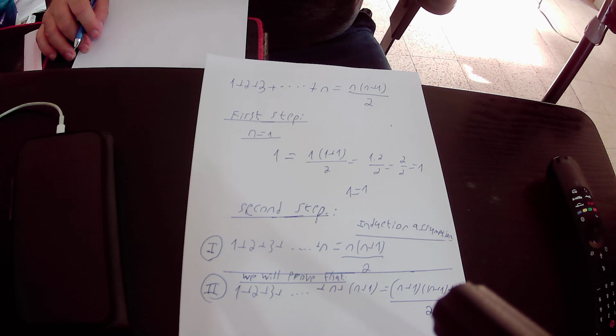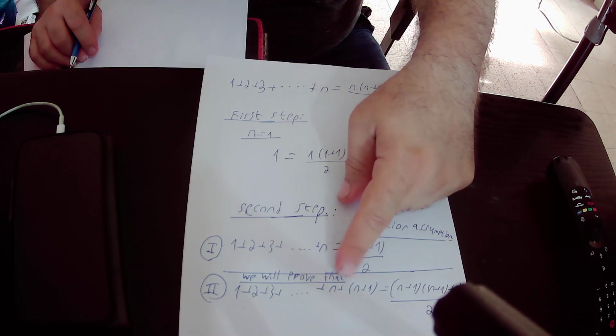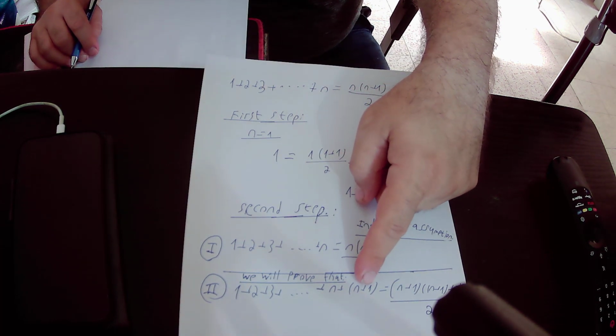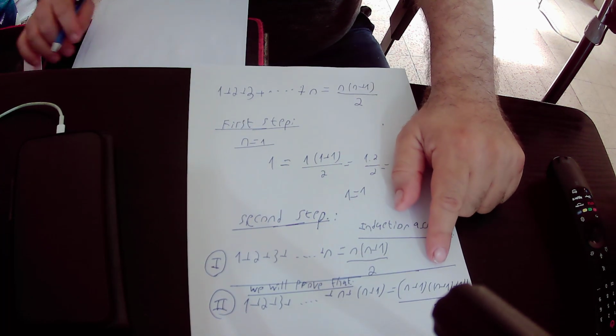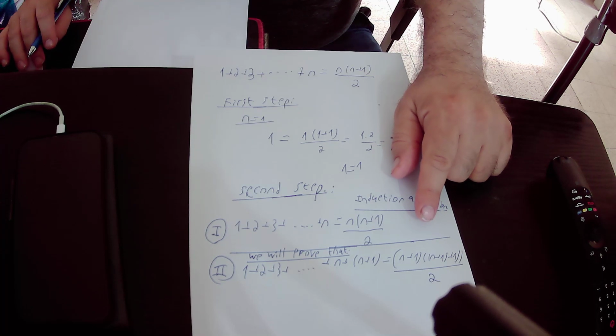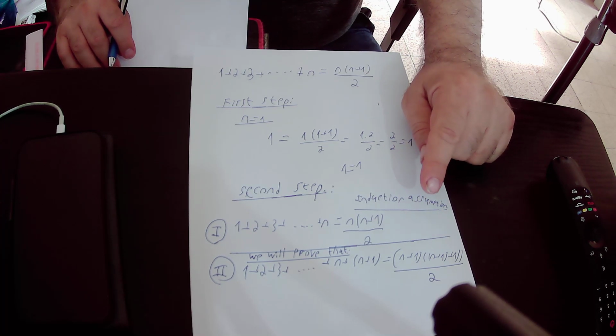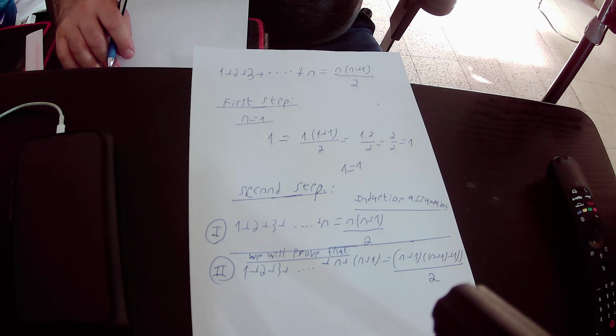That is to say, it is true for 1 plus 2 plus 3 plus ... plus n plus 1 equals, here in the right side of the equation we will put n plus 1 instead of n, because we want to prove this statement for n plus 1.